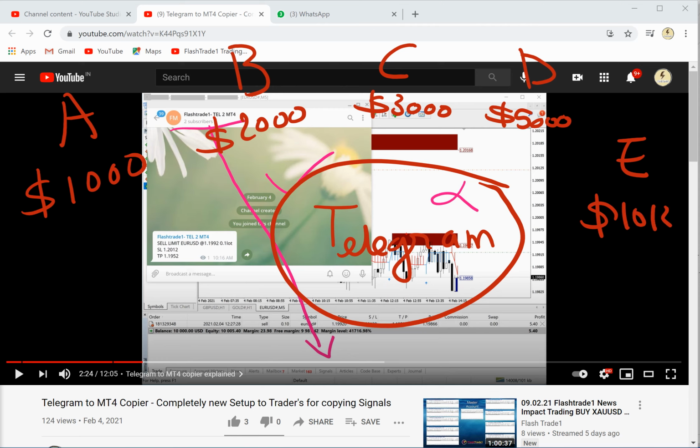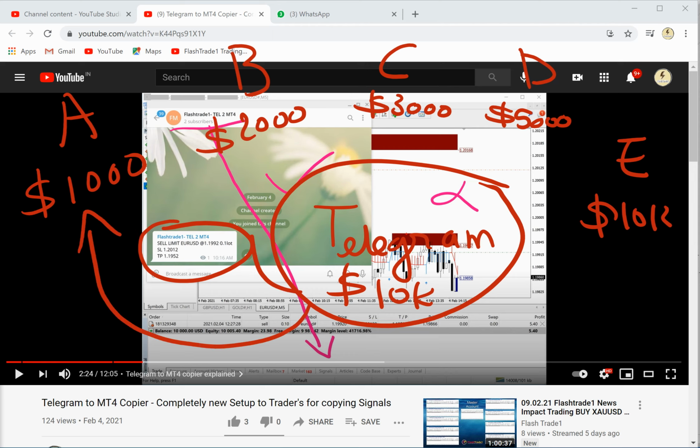Now in the Telegram channel we'll send the signal in this format, that is a sell limit or buy limit, and the lot size for this Telegram channel will be as per the 10k. Whenever I send a signal in this Telegram channel, those signals are going to be copied in all these 5 MT4 accounts automatically.